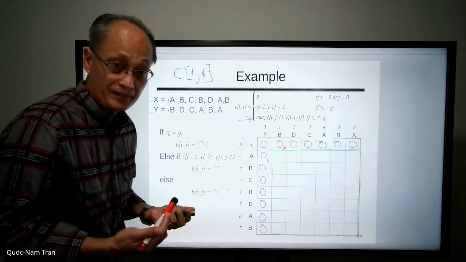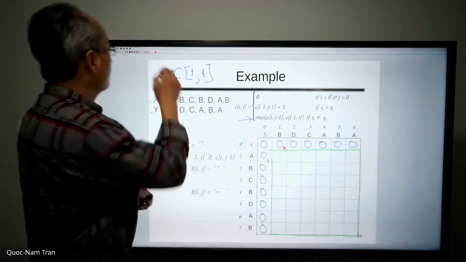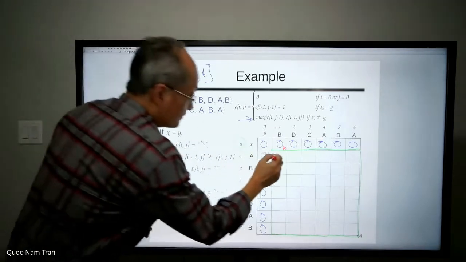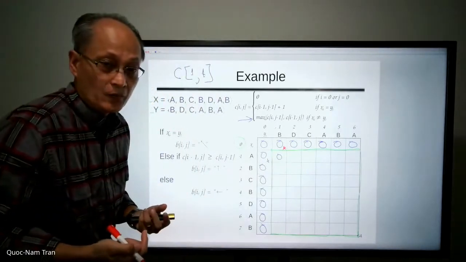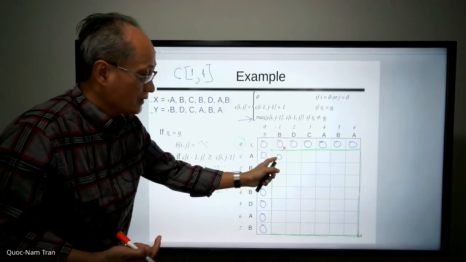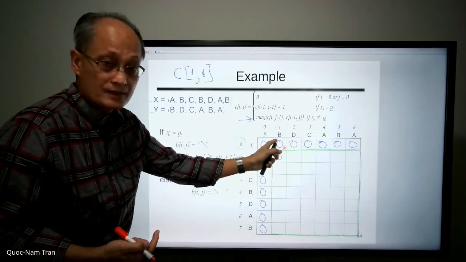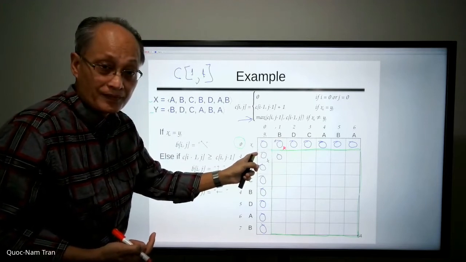They are the same, right? And the biggest value is 0, so we write 0 here. But then we have to know whether the bigger one comes from this cell or from this cell, right?